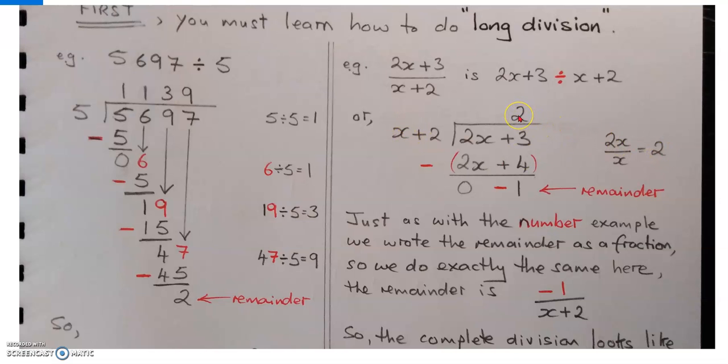We write it there. Now we multiply back. 2 times x is 2x, and now we write it in the x column. And 2 times 2 is 4, and we write it in the number column. And we draw a line. And just as we did over here, we subtract.